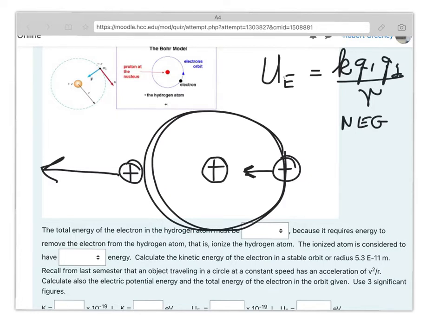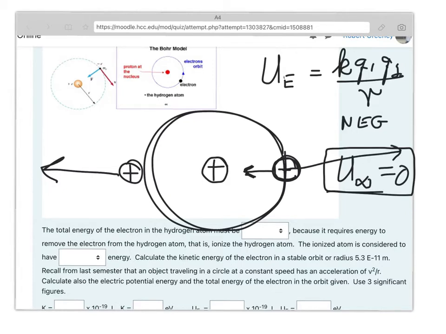So the zero energy for electric potential energy is at infinity, where the energy is zero. Only if two charges are far apart is the energy considered to be zero because they're not influencing each other. So the way to think of the negative energy of the electron in a hydrogen atom is the amount of energy it takes to remove it from the atom.